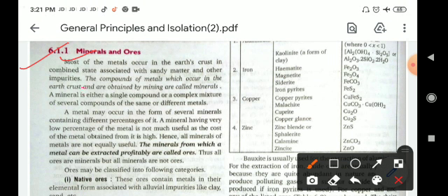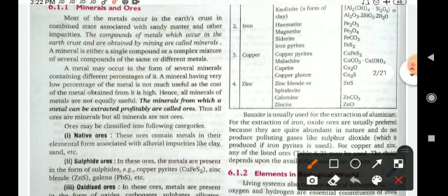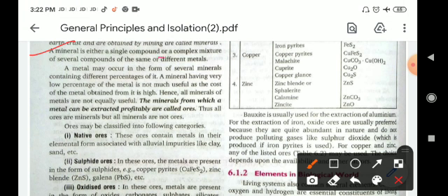These compounds of metals which occur in the earth's crust and are obtained by mining are called minerals. Means those compounds which are present in combined form and can be obtained by the mining process are known as minerals. A mineral is either a single compound or a complex mixture of several compounds of the same or different metals.